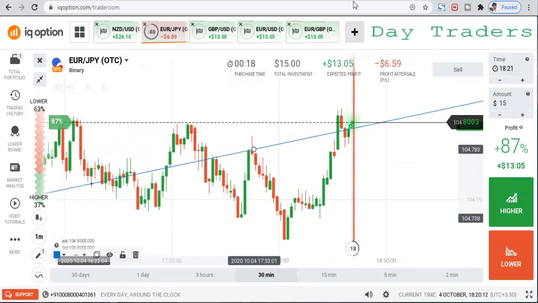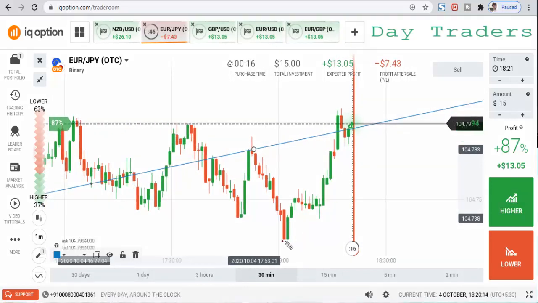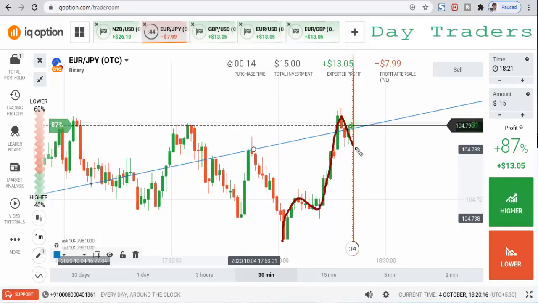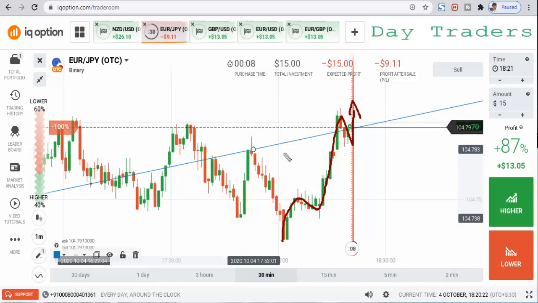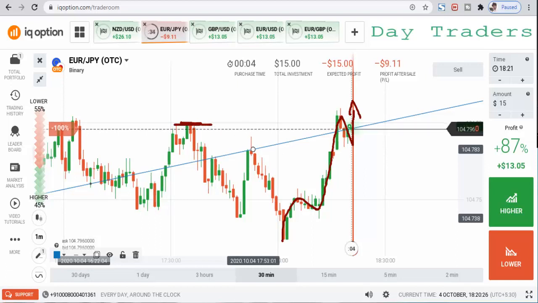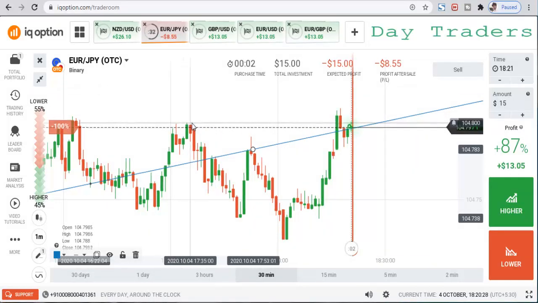This is a very strong bullish candle, and the market situation is here. So that's the reason I'll place a higher option. But this is a minor level here, and this is also a round number.